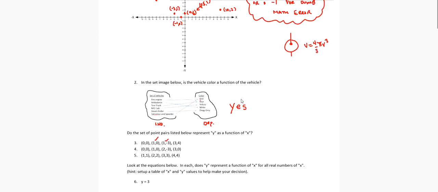This one and this one, if we put a 1 in our calculator and hit return, instead of getting 0, we get 0 and minus 3. So there's two answers here. So this is a no. Pretty hard no there. So 0, 0, 1, 0, 2, minus 3, 3. This one, there is no doubling up here. So this is a yes. And 1, 1, 2, 2, 3, 3, 4, 4. That's a 1-to-1 relationship, actually. And this is also a yes.